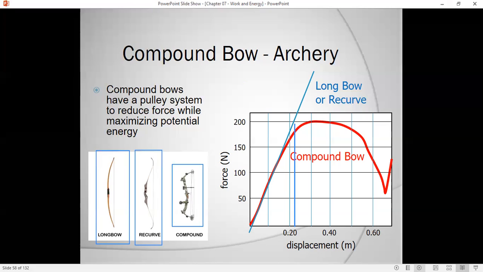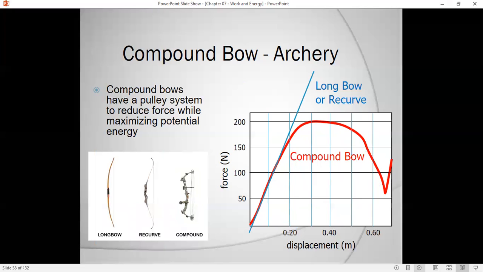This is the area I get underneath the curve for the longbow. So this is how much energy I can put into the bow and then get out for the arrow. However, with 200 newtons, look how much force I can get with the compound bow. As I displace it, I never go over 200 newtons, but yet the area is so much bigger.